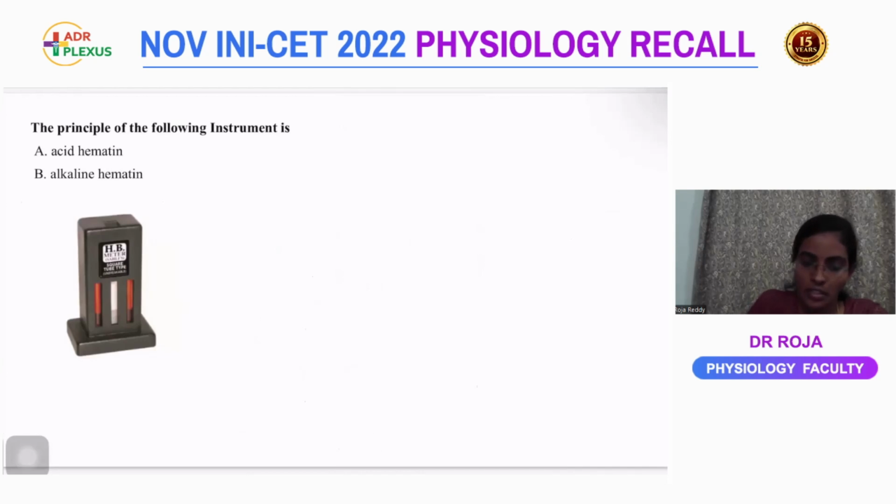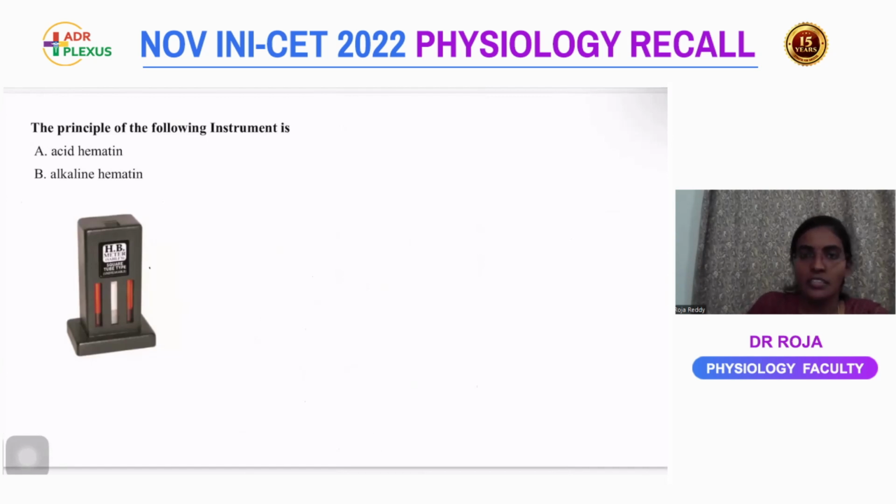Yes. The next question is, the principle of the following instrument is. This was the instrument which was given, and I could get only 2 options related to this question. The options are acid hematin and alkaline hematin. So first of all, what is this instrument? If you remember, you might have handled this instrument in your first year physiology practical.